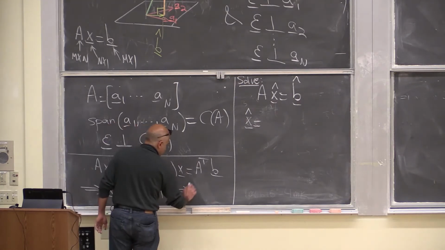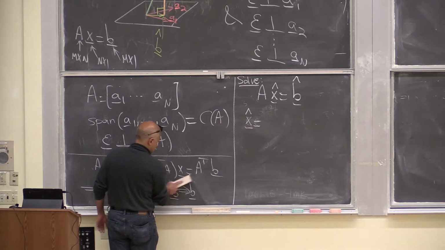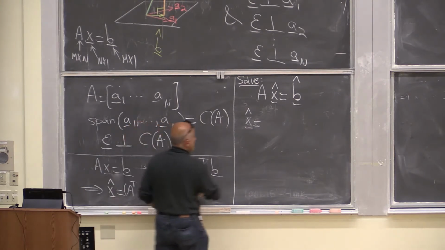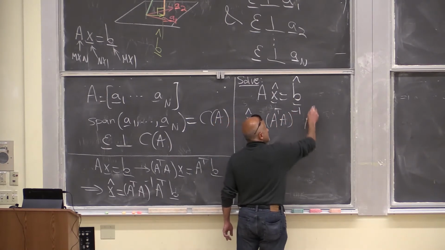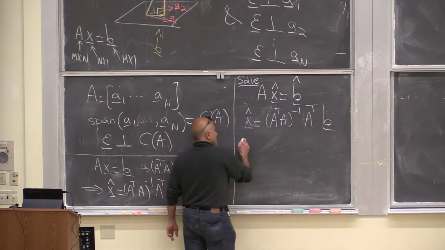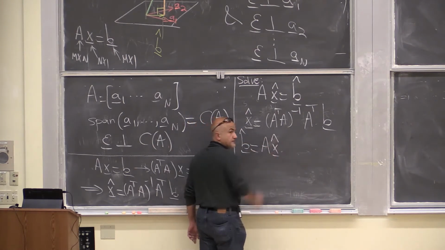And what does that make B hat? So actually, let's copy this here. A transpose A inverse A transpose B. And B hat is simply A times x hat, no?